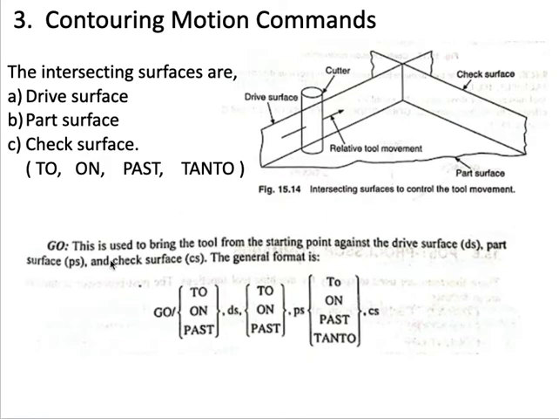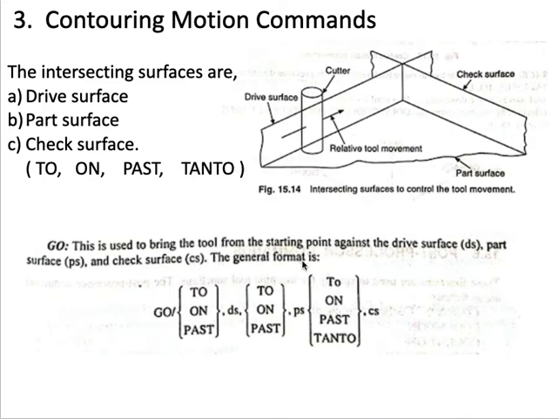So now if you see GO, this is used to bring the tool from the starting point against the drive surface, that is DS, drive surface, the part surface PS, and the check surface CS.